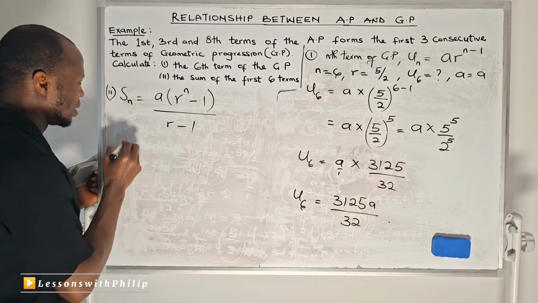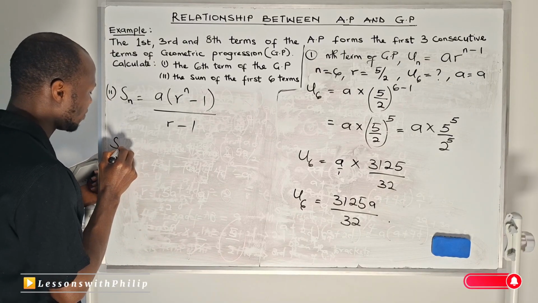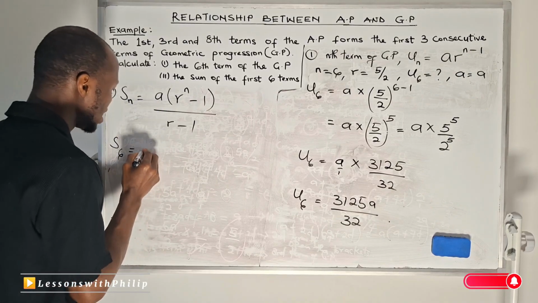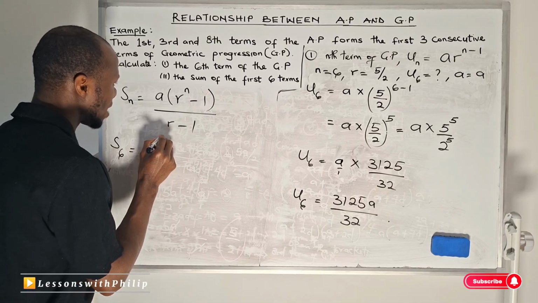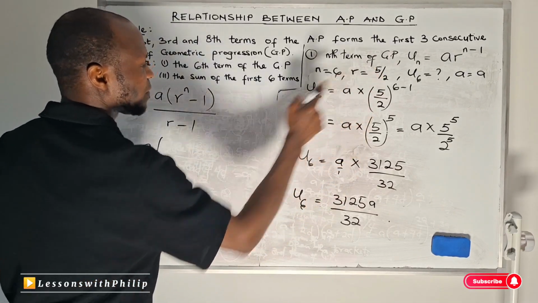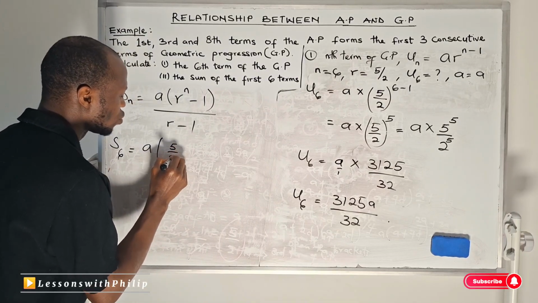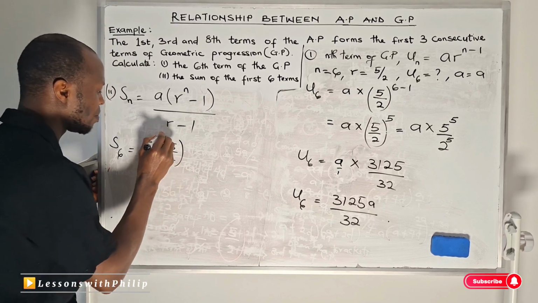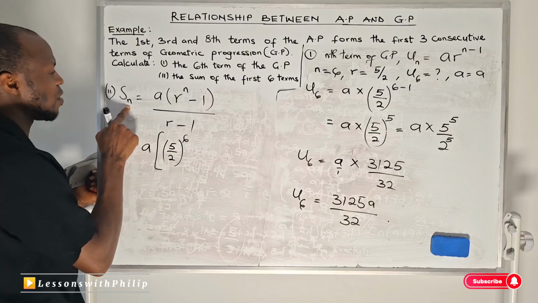Now, that shows that the sum of the sixth term is a, our a still remains a, multiplied by our r, which is 5 over 2, in a bigger bracket, raised to power 6, because we have to find the sum of 6.